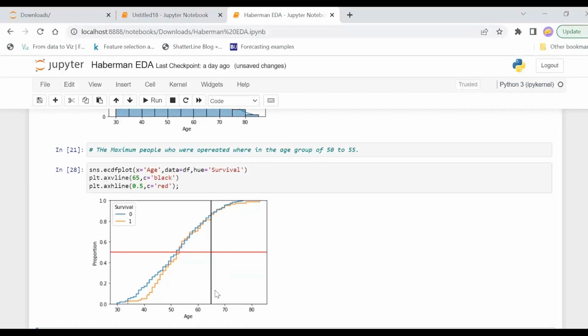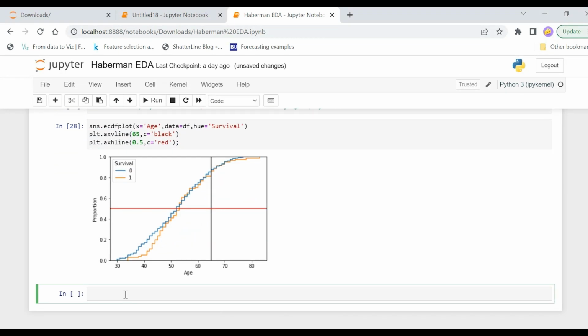So you can say that around 65%, sorry, 80% of the people were of the age 65 or below.